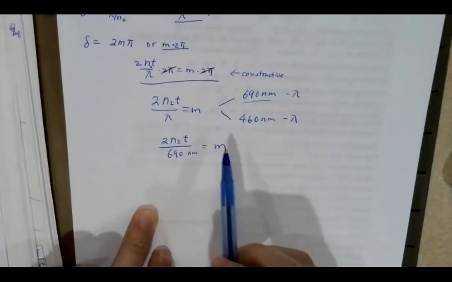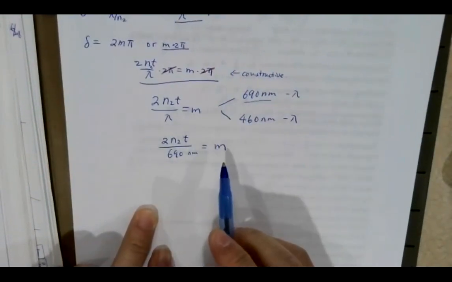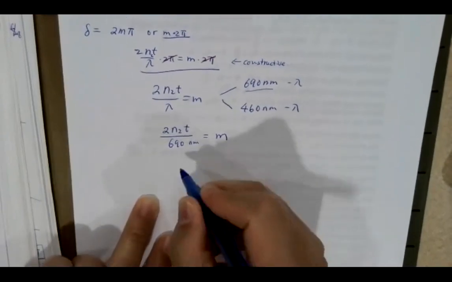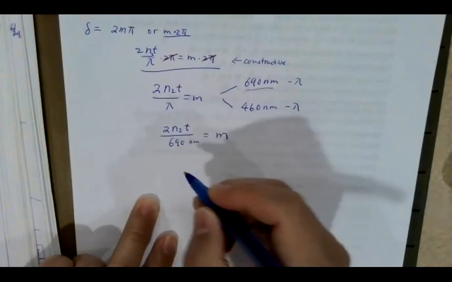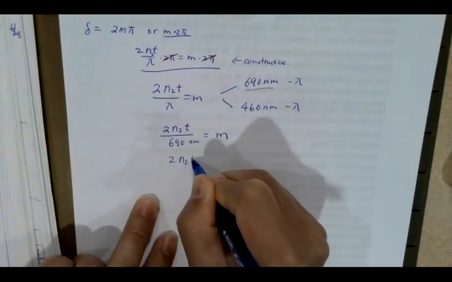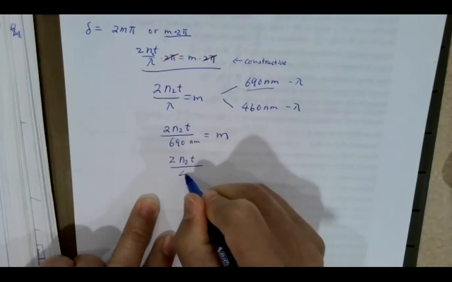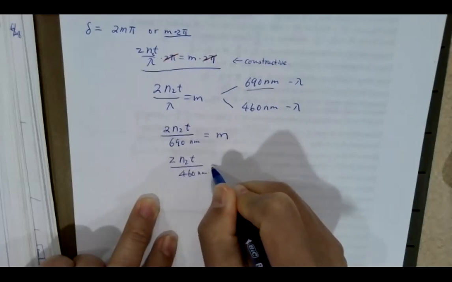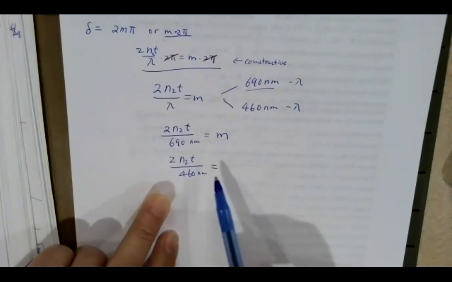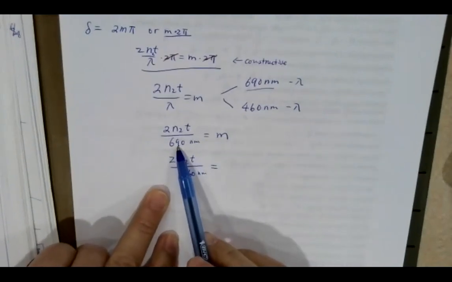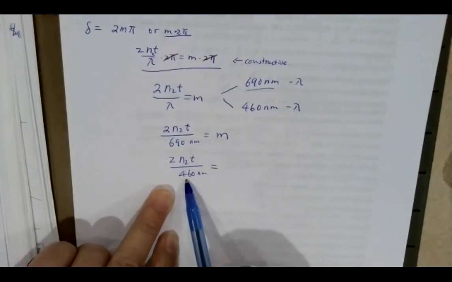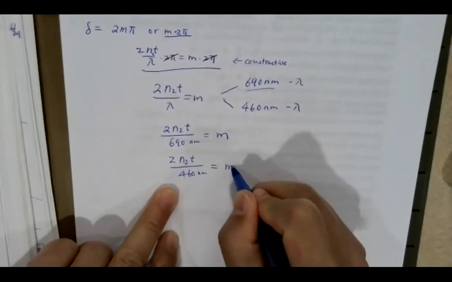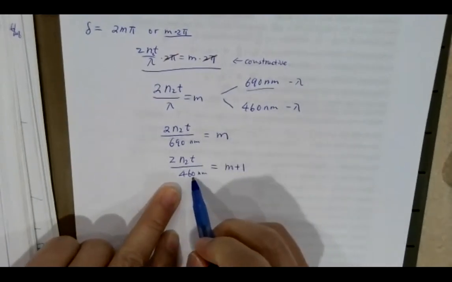That's referring to m's order of interference. Now, this is applying to 690, and then you apply this condition to the 460. So 2 times n2 times t over 460 nanometers would be equal to, because 690 is a longer wavelength, and if it has order m, then this one will have order m plus 1, because this is a lower wavelength.